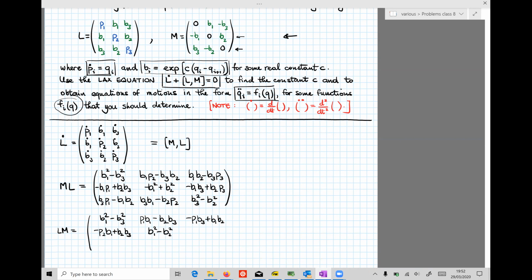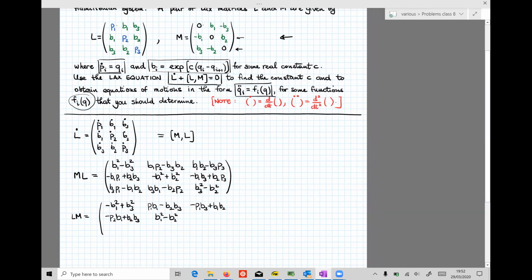Sorry, I made a mistake when I computed entry 1,1 of LM. That was P1 times 0 minus B1 times B1 plus B3 squared. So I had to correct the signs. Now back to entry 2,3 of L times M. That's minus B1 B3 plus B2 B2.